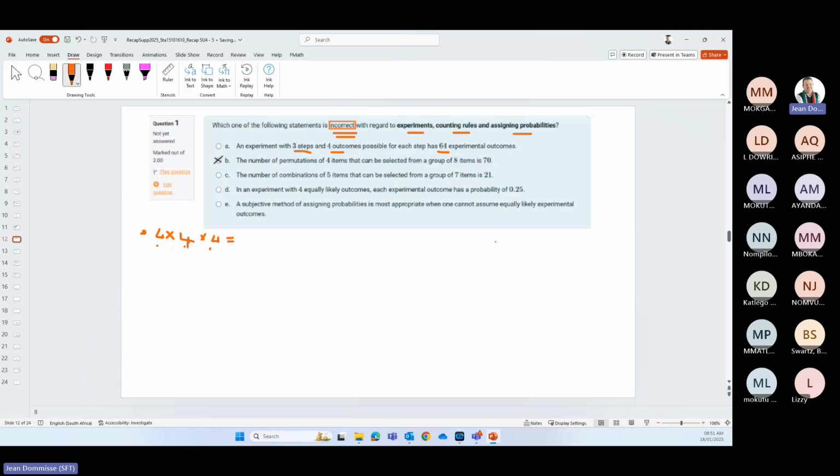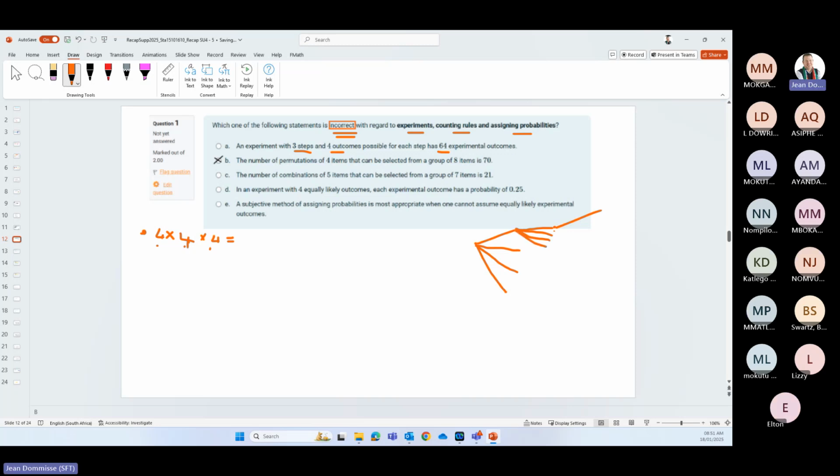Another way of looking at it: that one will have 4 outcomes, that one will have 4 outcomes, that one will have 4, 4, 4.